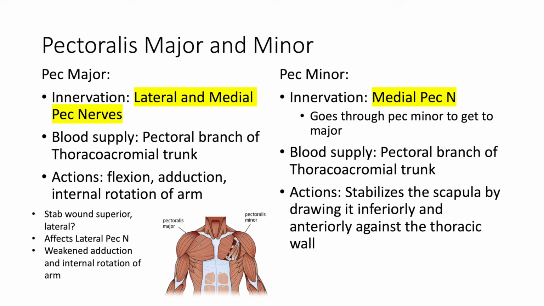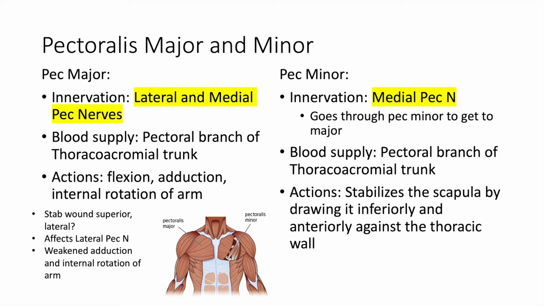So in lab, this is really important because if I'm looking and I don't know what I'm looking at, I just see arteries and nerves and I don't know which one's which. Just don't panic. Think about it. The medial pectoral nerve pierces my pec minor and it goes to my pec major. So if I see a nerve going through that pec minor, I know that's got to be my medial pectoral nerve.